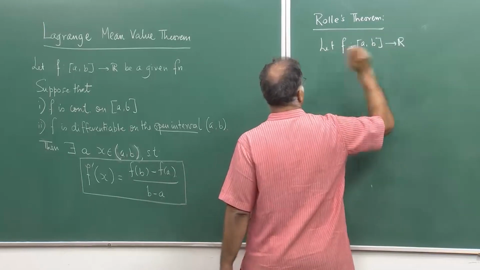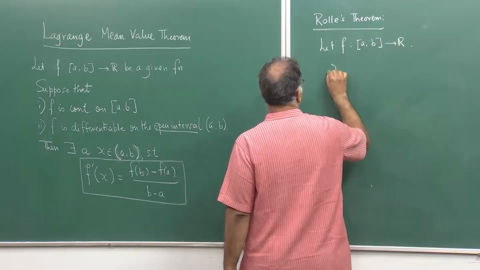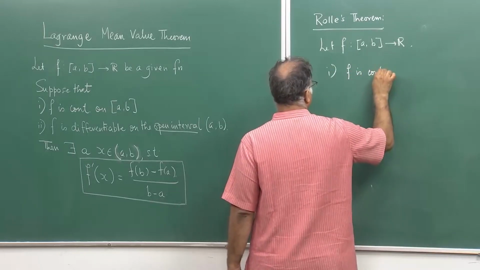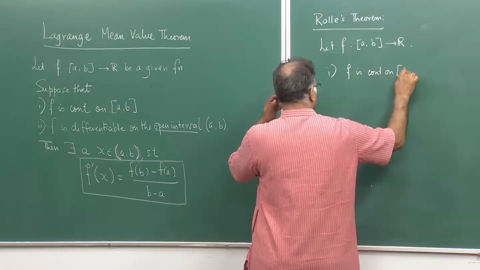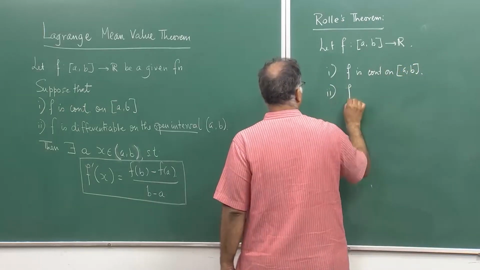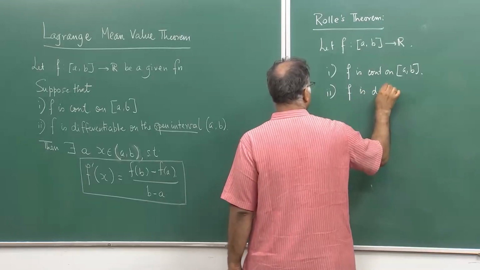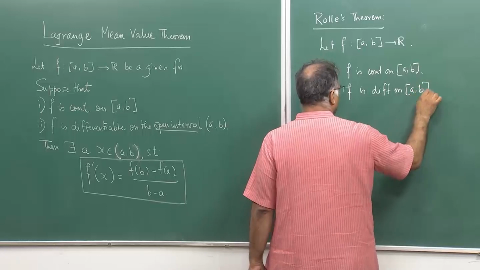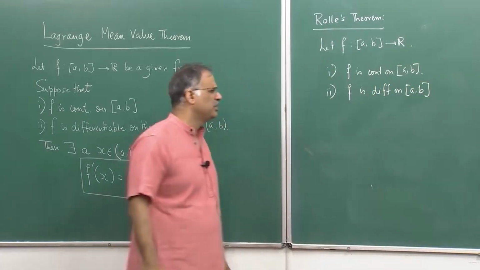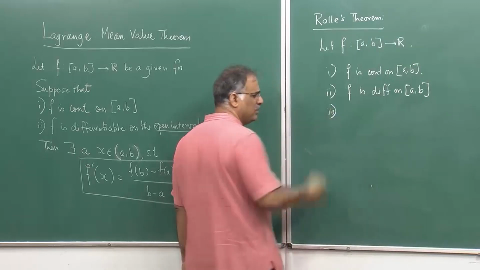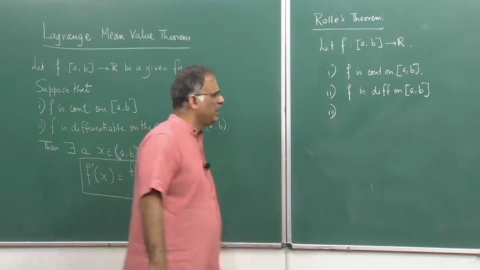So, let us have the following. Number 1, f is continuous on AB. Number 2, f is differentiable on AB. I am just giving the shortened form, continuous and differentiable. And number 3 is an important assumption.